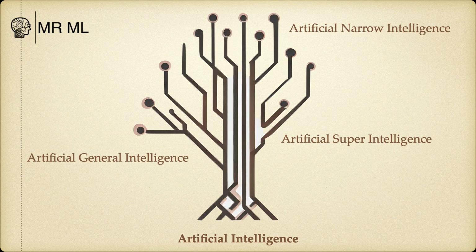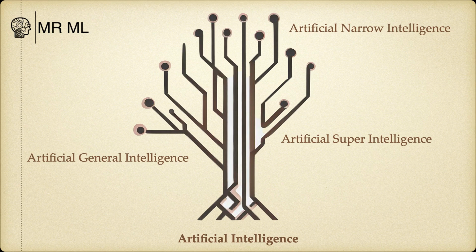Okay, superintelligence is still kind of a science fiction thing. Is not there yet. And we're going to see that artificial general intelligence is still work in progress, but is not something that is in the really near term or short term.